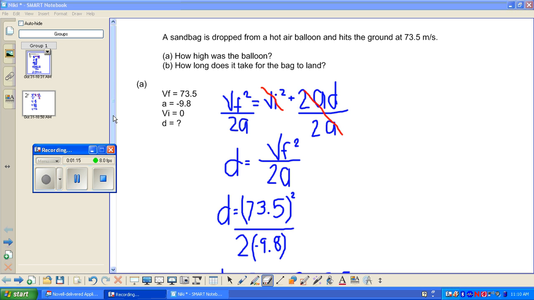And then since we don't have an initial velocity, we can eliminate that. And to get the d by itself, we divide both sides by 2a, and we end up with distance equals final velocity squared divided by 2a.